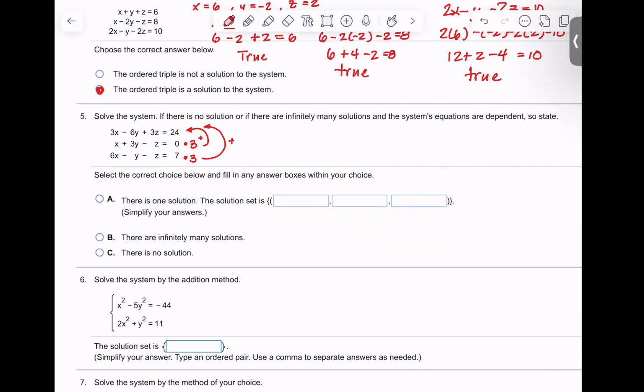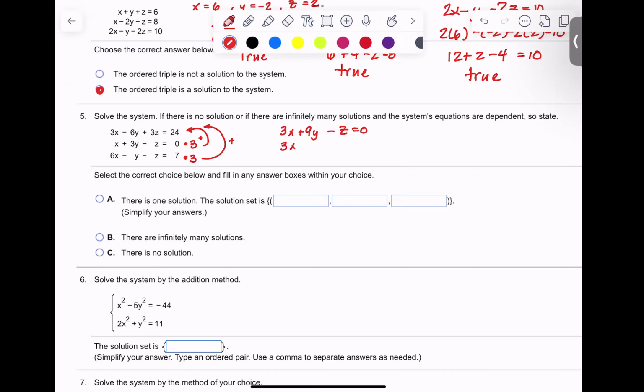When I do that, I'm going to get 3x plus 9y minus z is equal to 0. And then I'm going to add that to the top equation. And the top equation is 3x minus 6y plus 3z is equal to 24. And I lost a 3 somewhere, didn't I? Right there. It got lost.